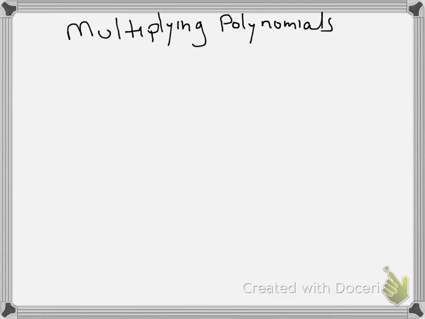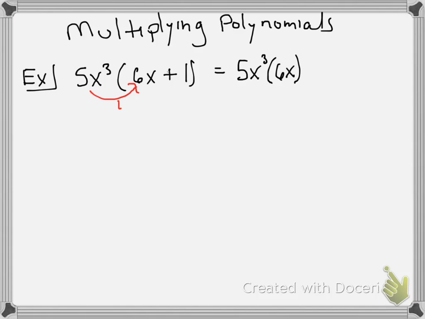Okay, what about multiplying polynomials? We can have something somewhat simple like this, where we've got 5x cubed all times 6x plus 1. And then what we want to do is multiply this 5x cubed times each one of the terms inside.